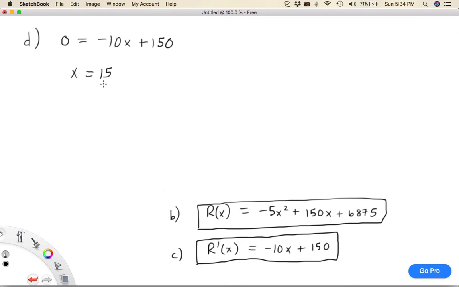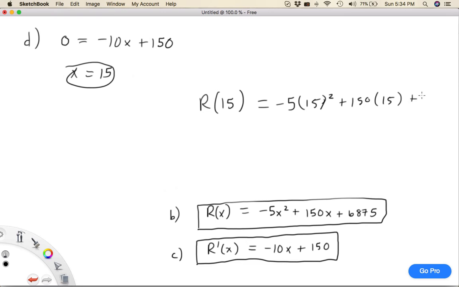Find the maximum revenue. Okay, so now we found out the number of customers that would maximize the revenue, and we have a revenue function. So what we're going to do is we're going to take r of 15. So that's just negative 5 times 15 squared plus 150 times 15 plus 68.75.